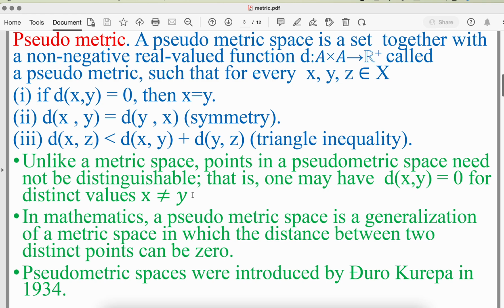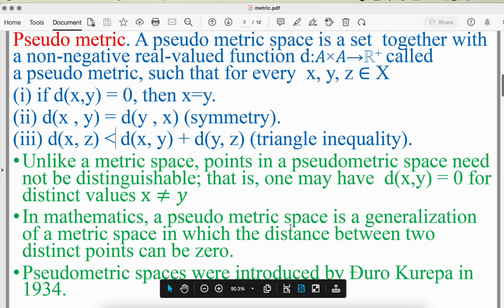Even if x and y are not equal, the distance of x from y can be 0. In mathematics, a pseudo metric is a generalization of a metric space in which the distance between two distinct points can be 0, and it was introduced in 1934.